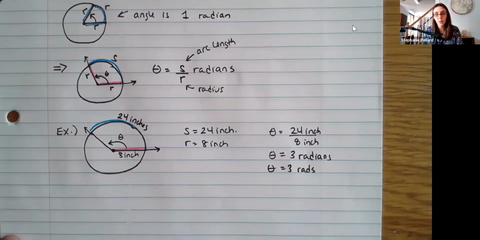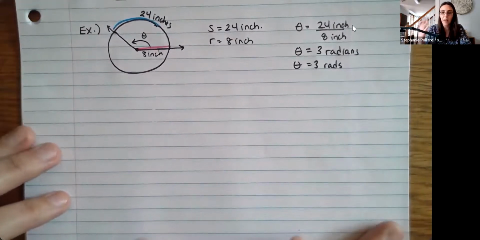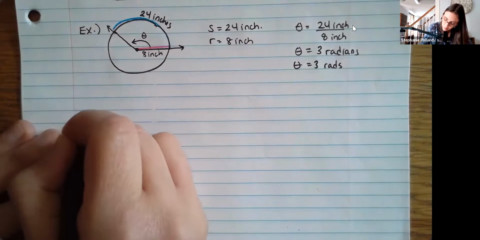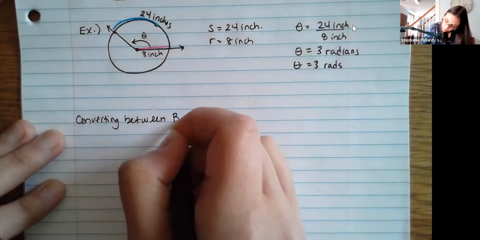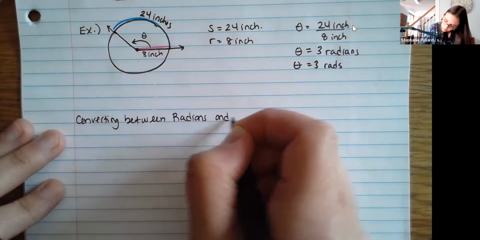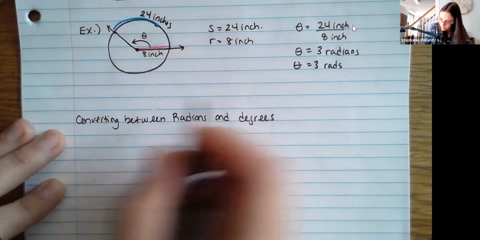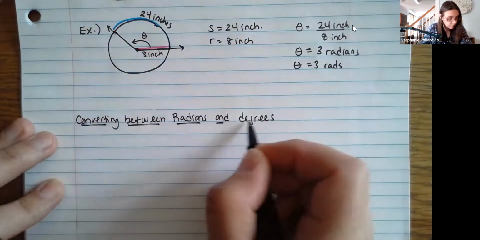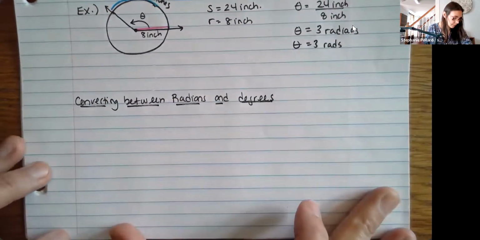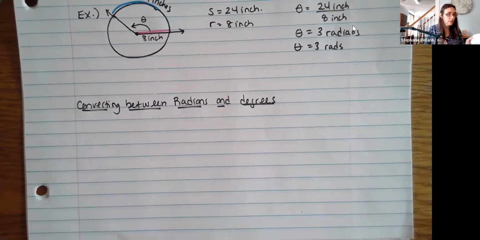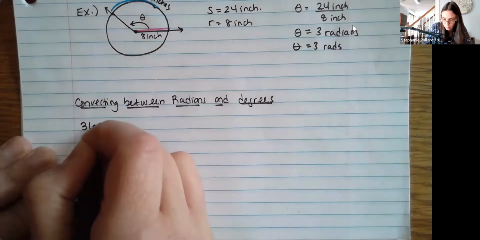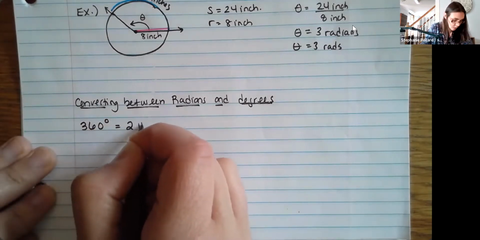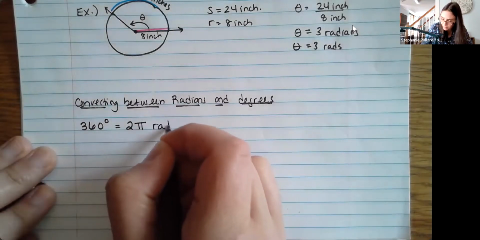Now, there is a way to convert between radians and degrees, which of course is important to know. It's good to be able to go back and forth. So a couple of good ones just to know to start before we get into the actual formula is 360 degrees is the same thing as 2 pi radians.